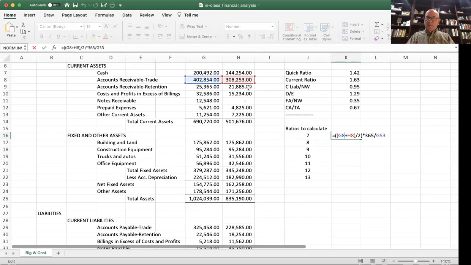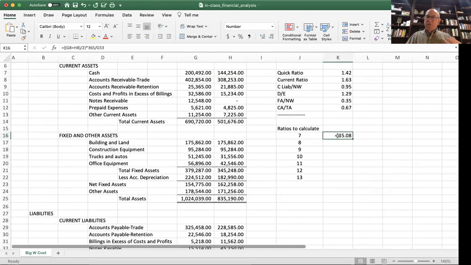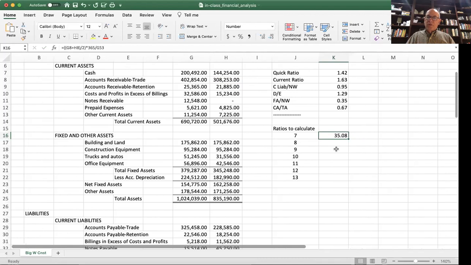Then you'll add those up, then you'll divide by 2, then you'll be good to go. You still multiply it by 365, and you still divide it by revenue. So that's going to be your number 9.